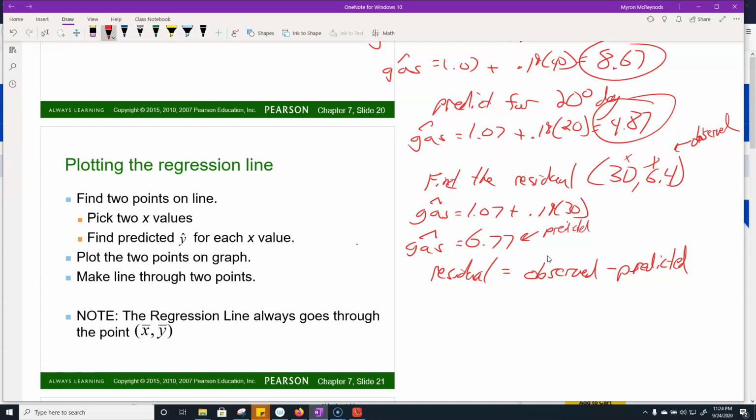So our residual is equal to 6.4 minus 6.77, which would be equal to negative 0.37 if you were to subtract those. And that would be the answer for our residual. And that is the end of example number 1 in your Chapter 7 outline.